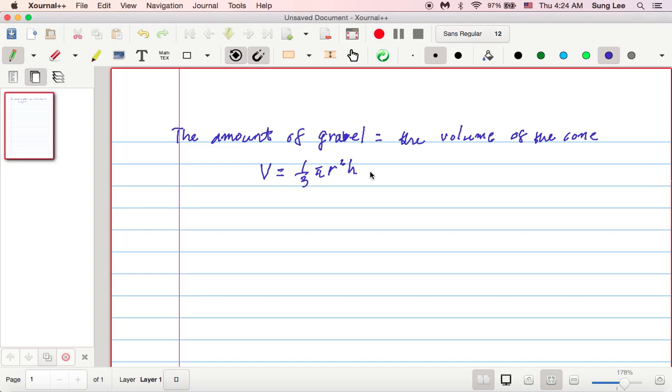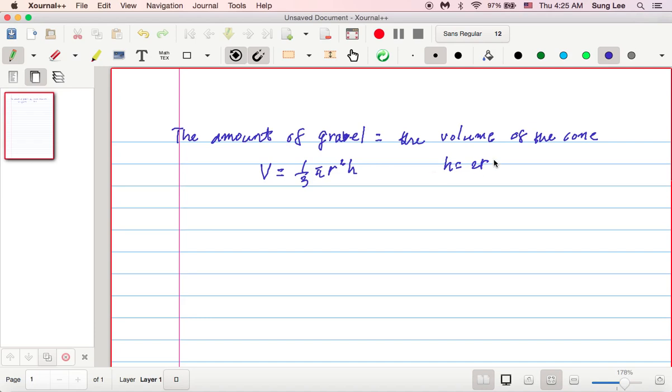In this case, we see three quantities here. The volume is related to two quantities, r, the radius, and also height h. But then h and r are related, they have a functional relationship. h equals 2r.